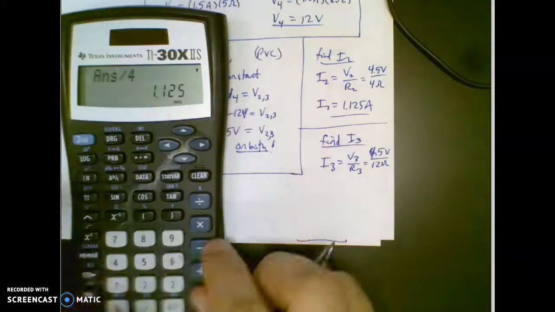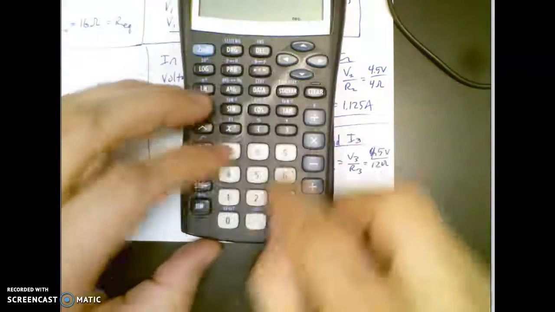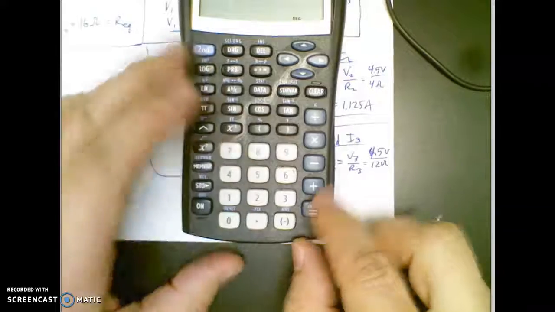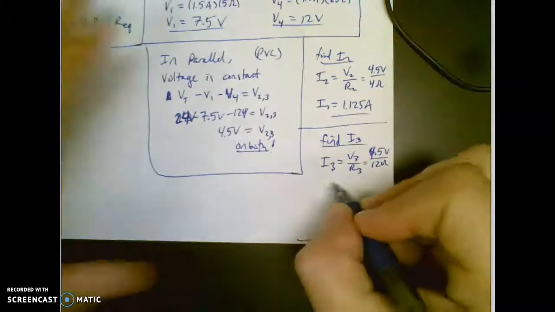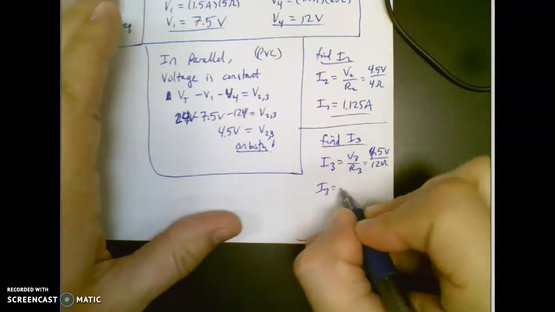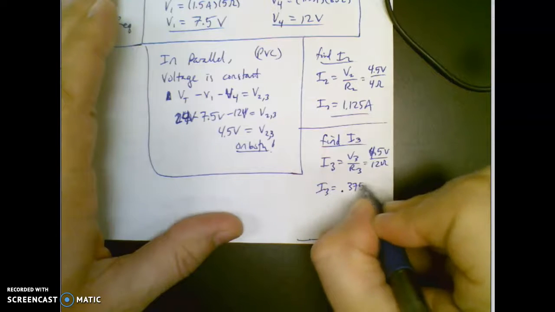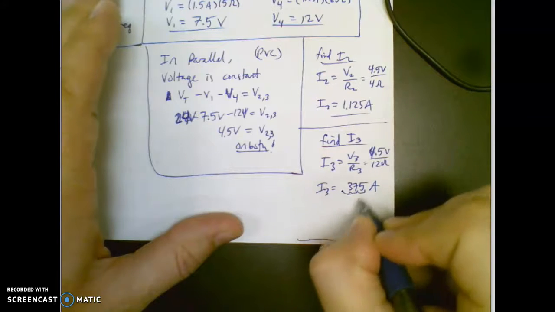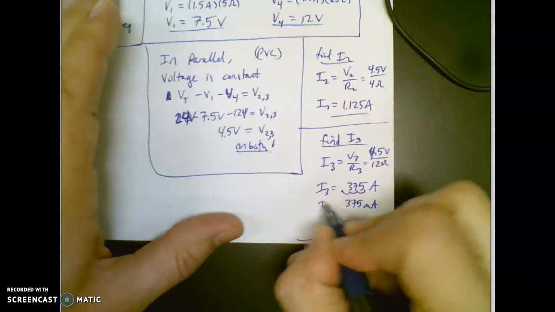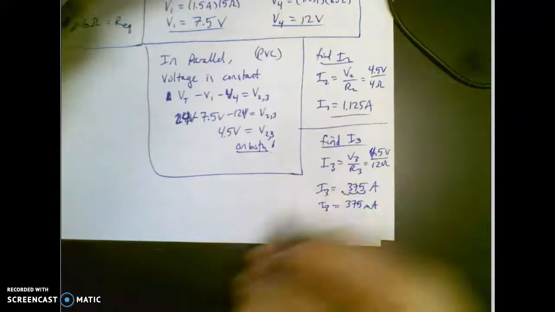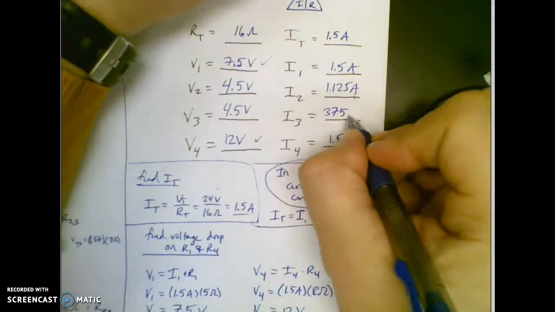So if I take 4.5 divided by 12, I get 0.375. Ooh, we finally have to convert one. So move, move, move. 375 milliamps. Because I'm going to use that as my answer. I don't want to use a decimal. So 375 milliamps.